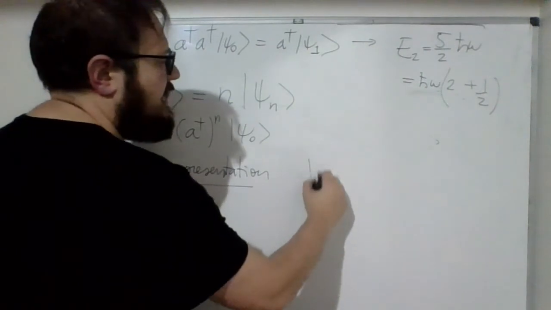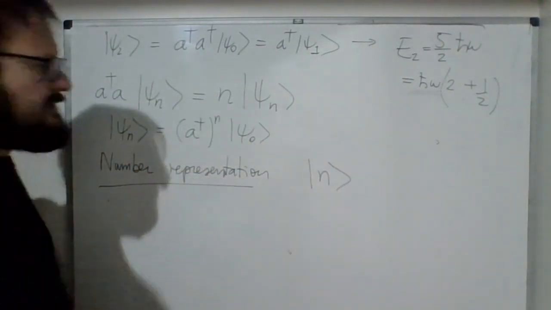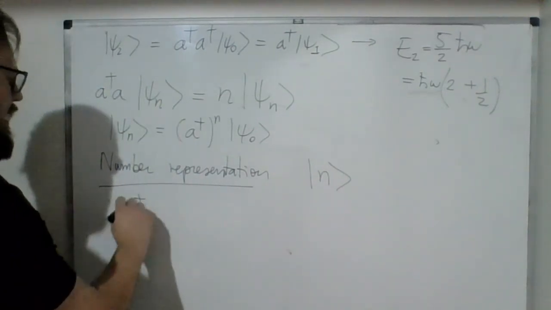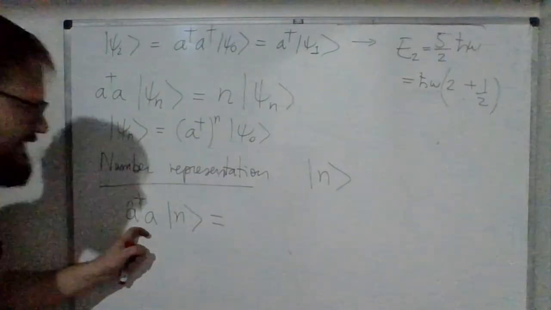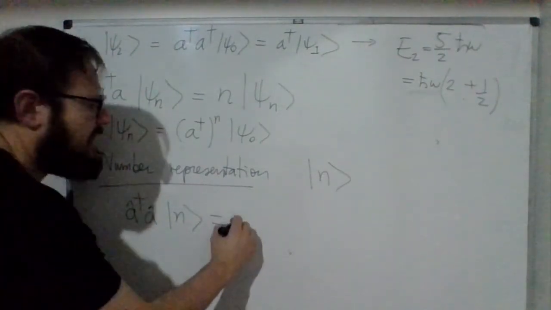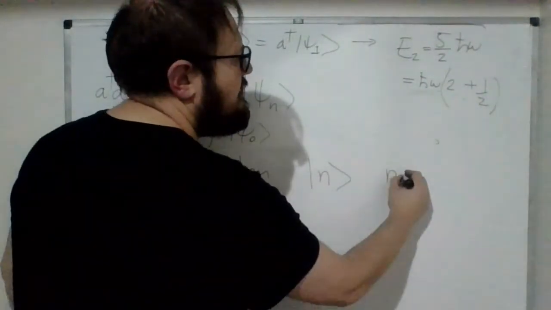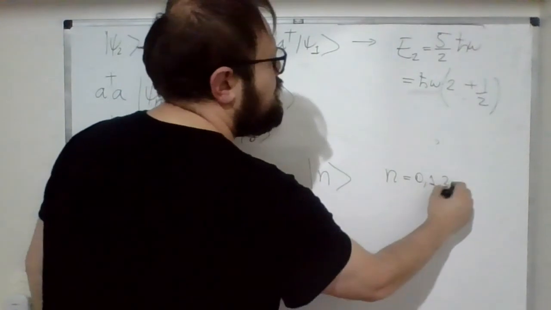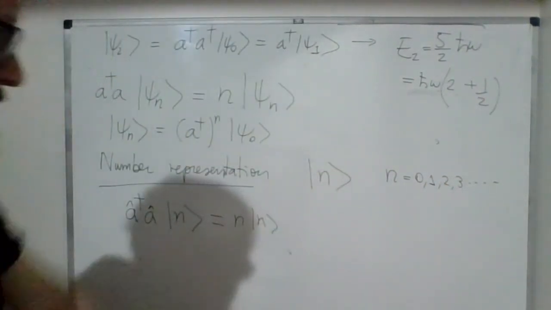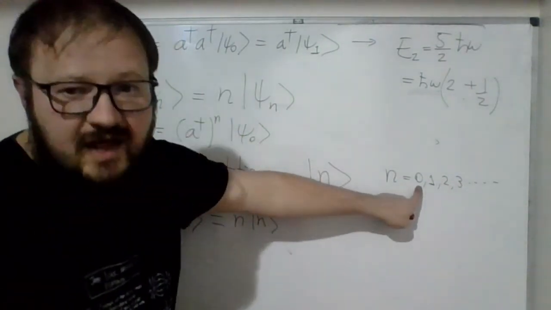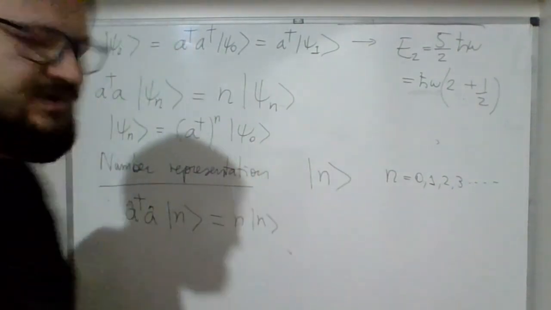The states are given by some integer n, and these states are eigenstates of this operator, a dagger a, with eigenvalue n. All right, and these n's can be 0, 1, 2, 3, and so on. The fundamental state is 0. The next state is 1, 2, 3, integers, right?